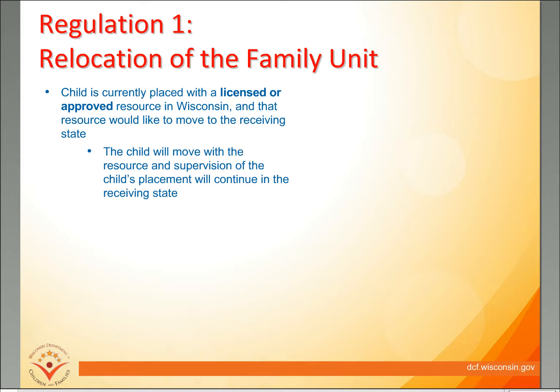This regulation applies in several types of situations. If the child is currently living with a parent and the agency plans to maintain jurisdiction in the new state, an existing relative or kinship care placement, or with licensed foster parents or pre-adoptive parents.